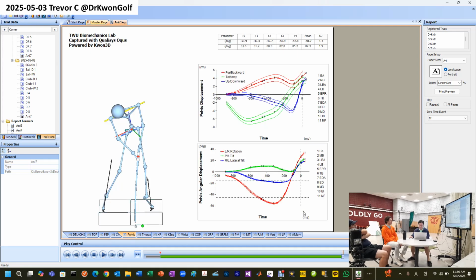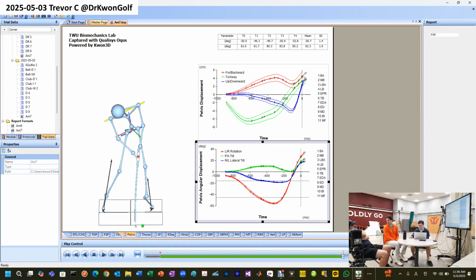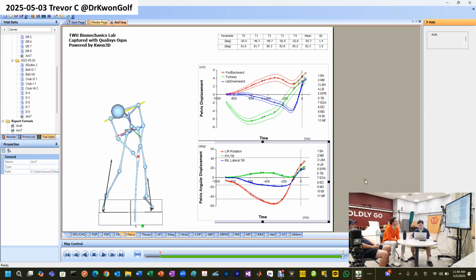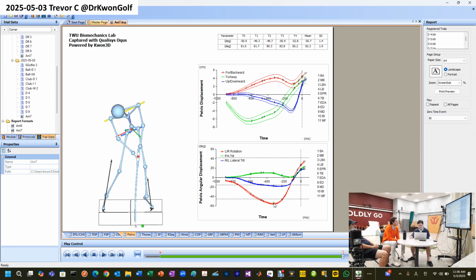Pelvis motion here. So you're turning to the right more than turning left at impact here. So basically it's biased to this side here.